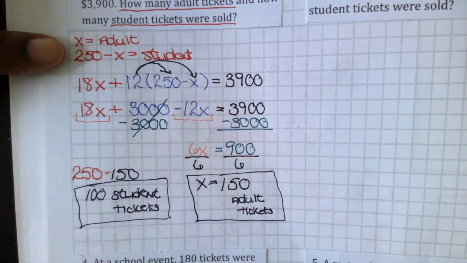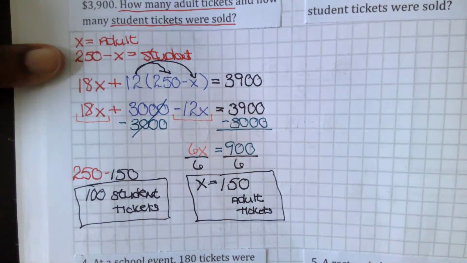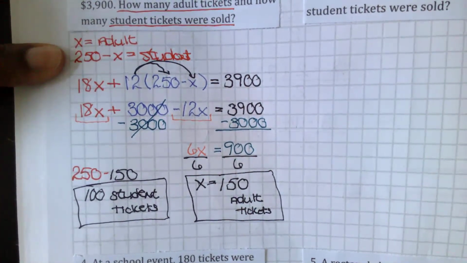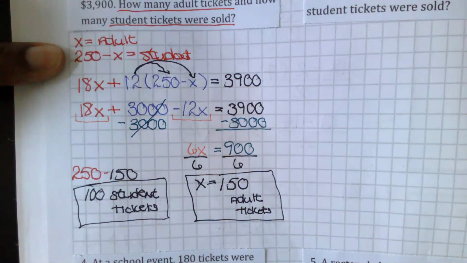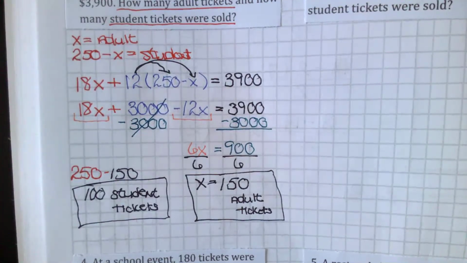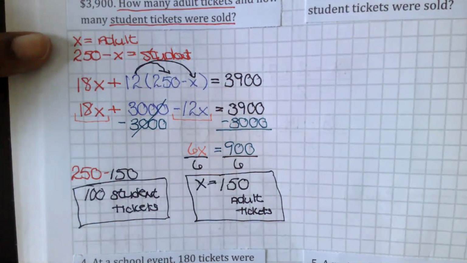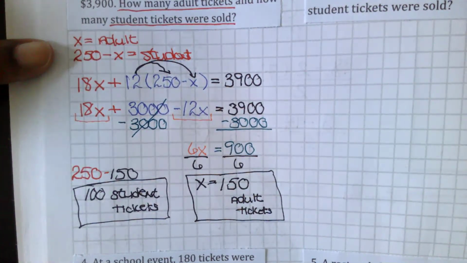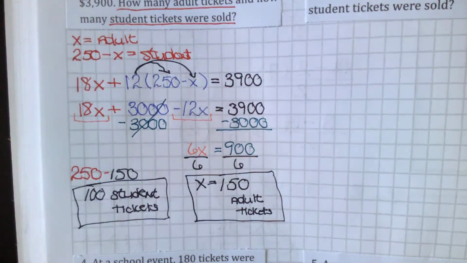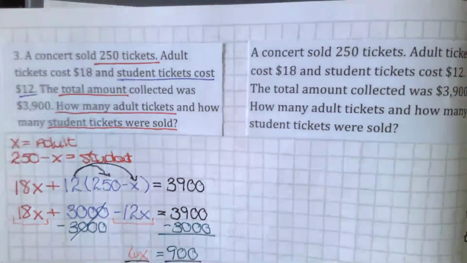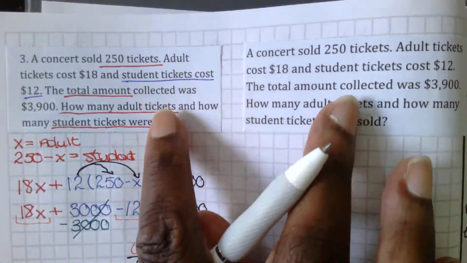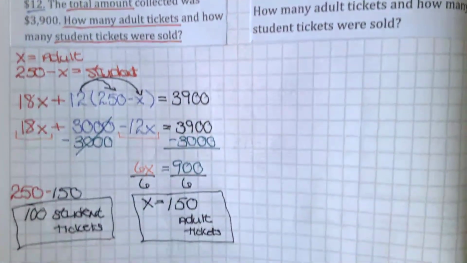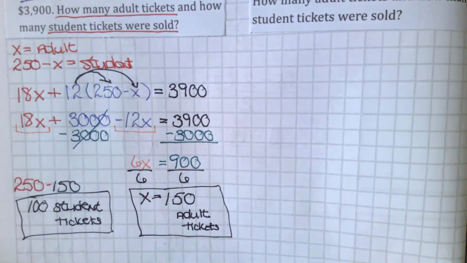Now, if it got too intense because of this part here, that 250 minus x to get your student tickets, what we could do is have variables representing the adult and the student. This is why I copied it twice, because now you have a choice.